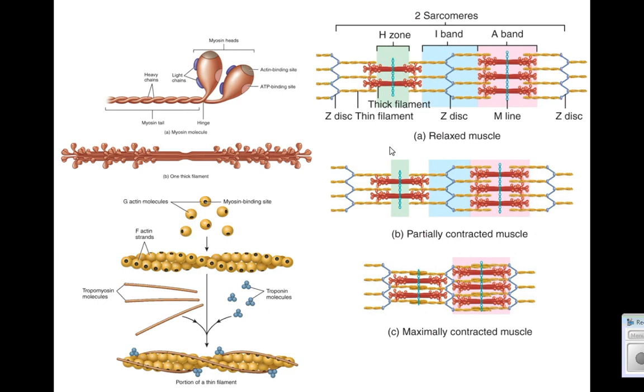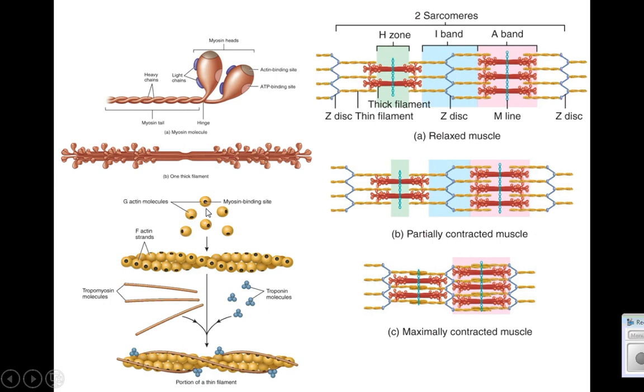Now, making up the thin filament, we've got 3 proteins. The major protein is actin. Now, actin is structured quite a bit different. It is made up of beads, kind of like beads making up a necklace.